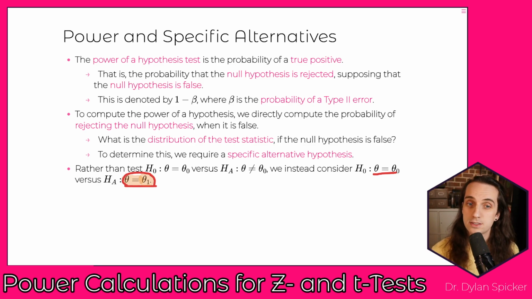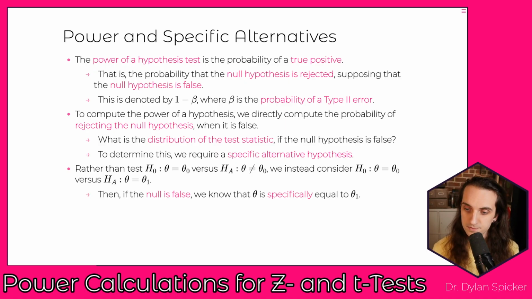Okay, and so it's going to allow us to explore the power given some specified alternative. Okay, so if the null hypothesis is false, then we can say theta is specifically equal to theta 1. Theta 1 is the true value. And then we can say, well, what's the probability that we reject the null hypothesis if theta 1 is the correct value?